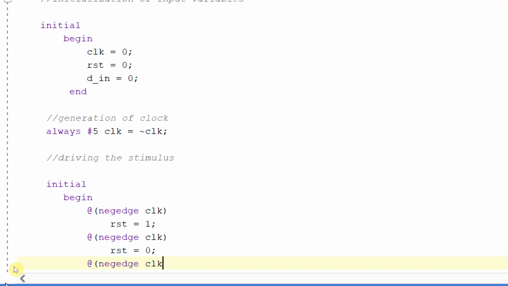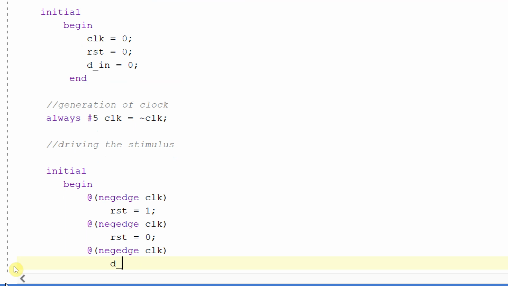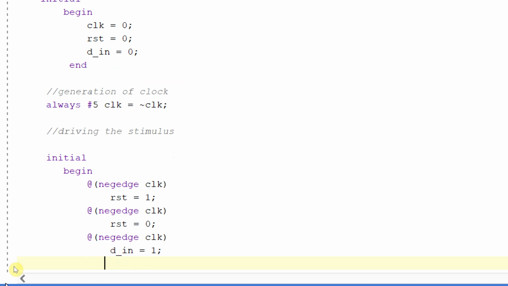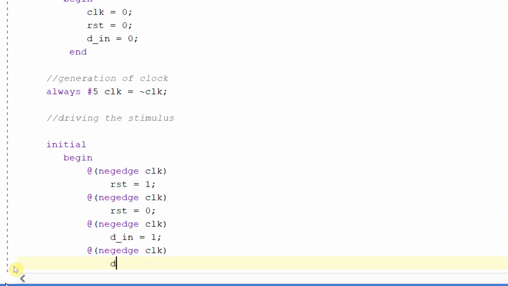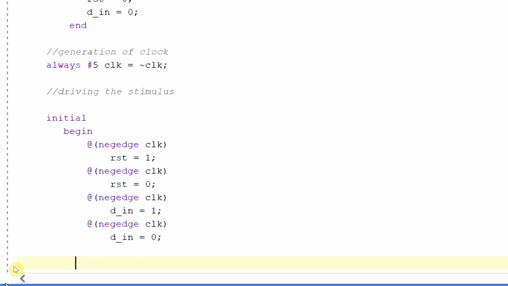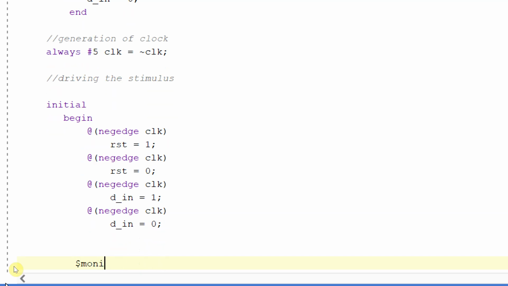At the negedge of clock, I will apply my d in signal, which is equal to 1, and at another negedge of clock I will simply make it 0. And I will monitor my Q and Q bar.